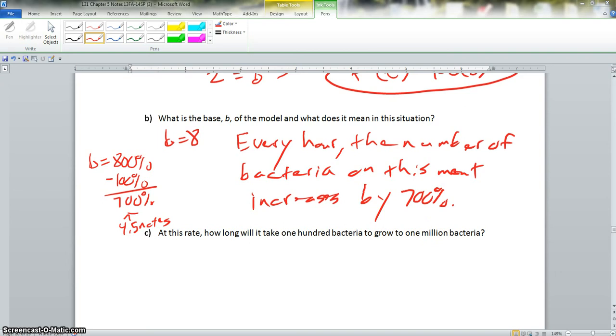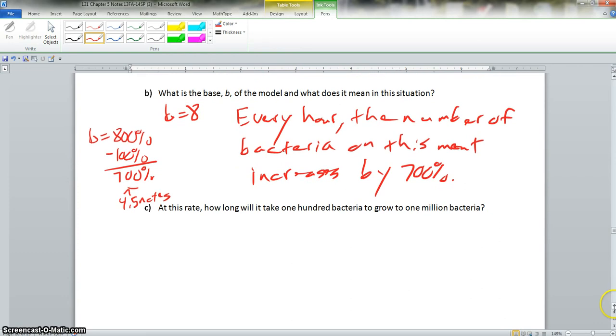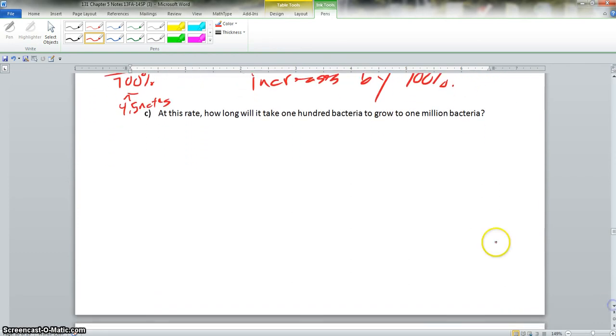Now, what we need to do next is go here to c. Now, c states that at this rate, how long will it take 100 bacteria to grow to 1 million bacteria? So what we would do, we would take that same formula. We would have f of t is equal to 100 times 8 to the t.